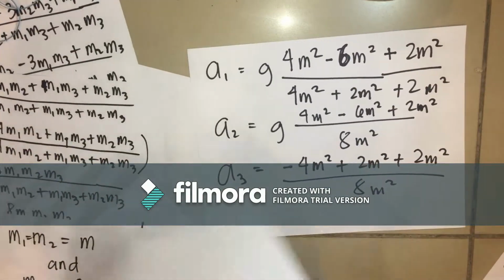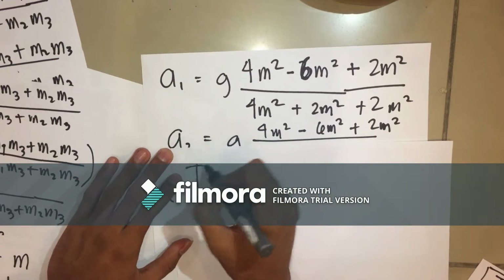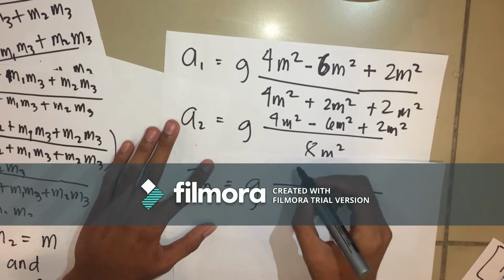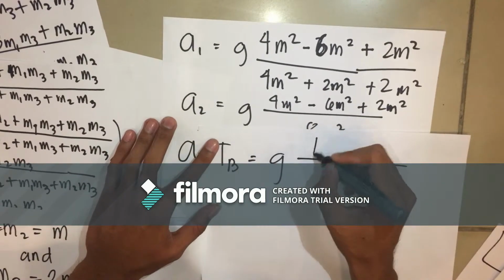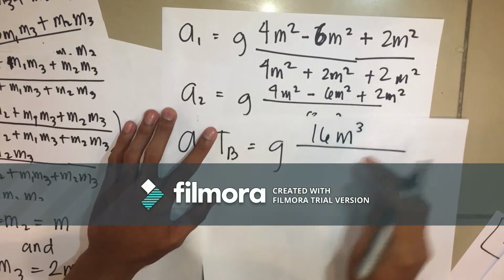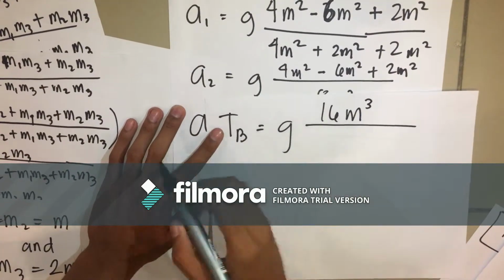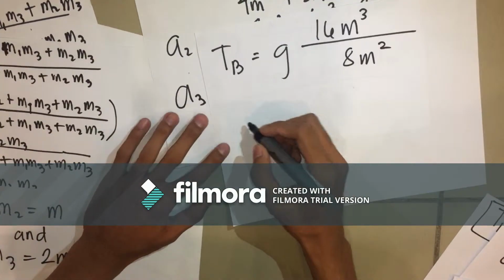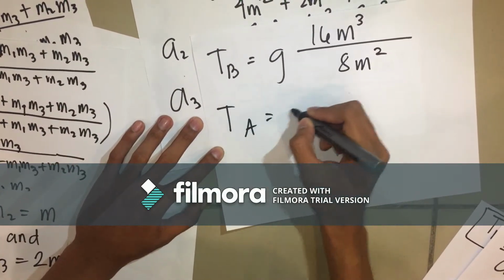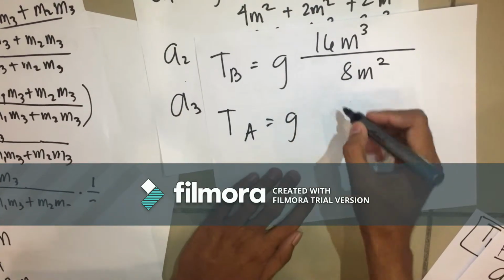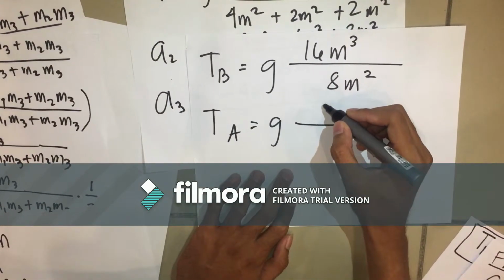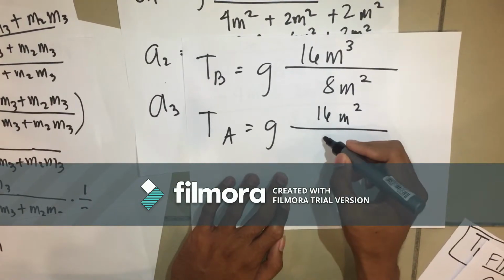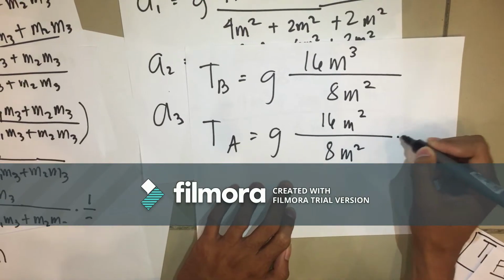Then next is tension B, which is equal to G times 16M cubed over 8M squared. Then TA is equal to G times 16M squared over 8M squared times 1/2.